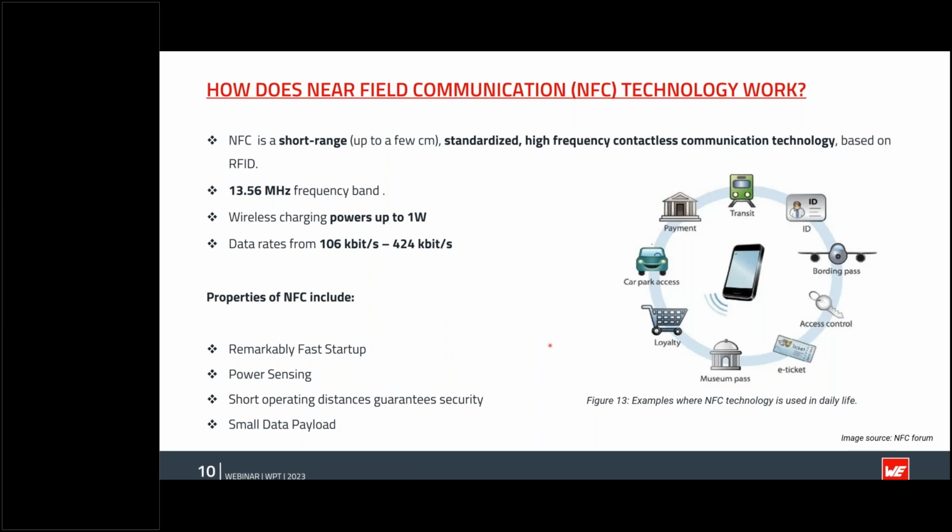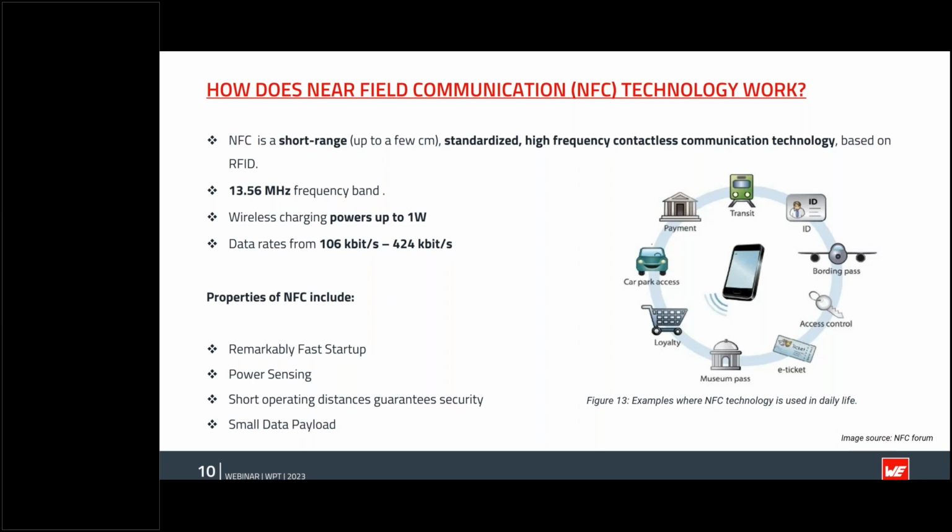The short operating distance also guarantees more security, and it has a small data payload. So this was about how NFC technology is used in our daily life and some highlights. From this slide, we can already determine some of the advantages of NFC compared to WPT technology, but we will come to this in the later slides.